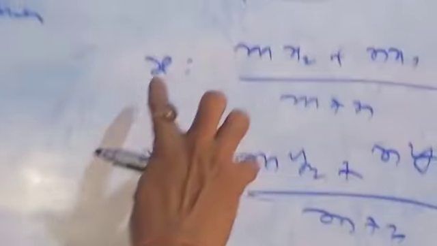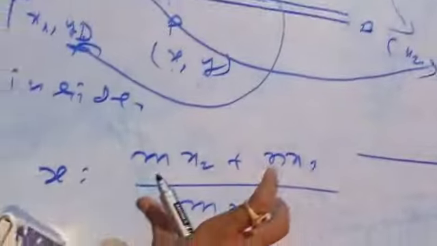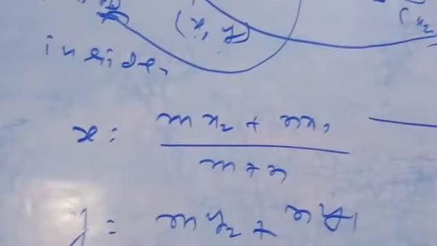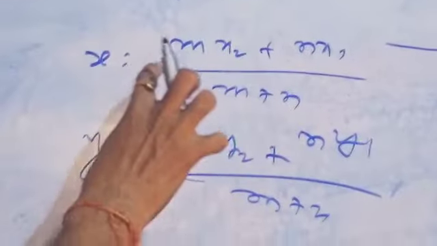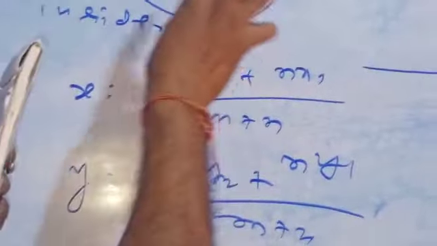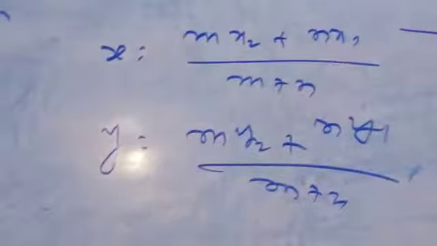First look here. This is the formula when the point P lies internally. On the basis of this section formula, when P lies internally, I am giving you one question.